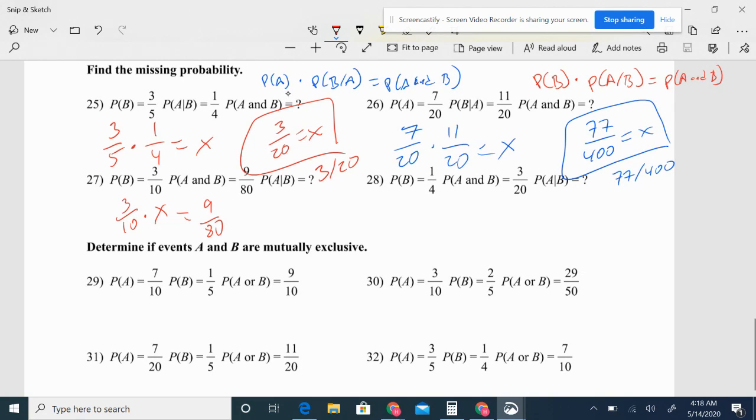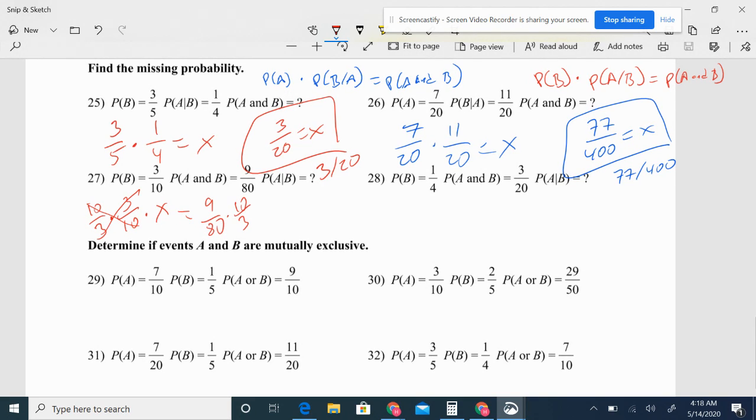To get the X by itself, I'm going to multiply both sides by 10 over 3, the reciprocal of the fraction where X is. The reason why, I want these 10s and these 3s to cancel out, so I have X by itself.